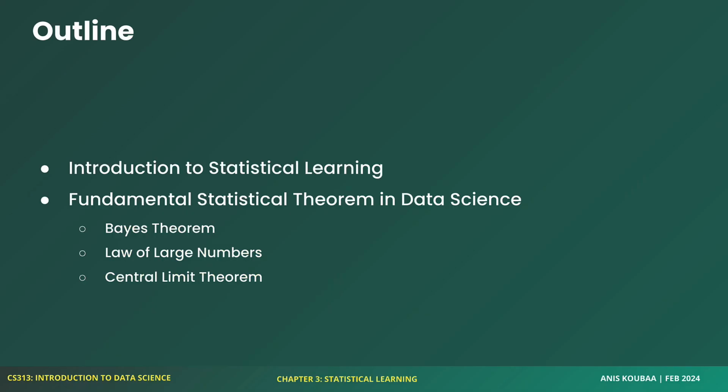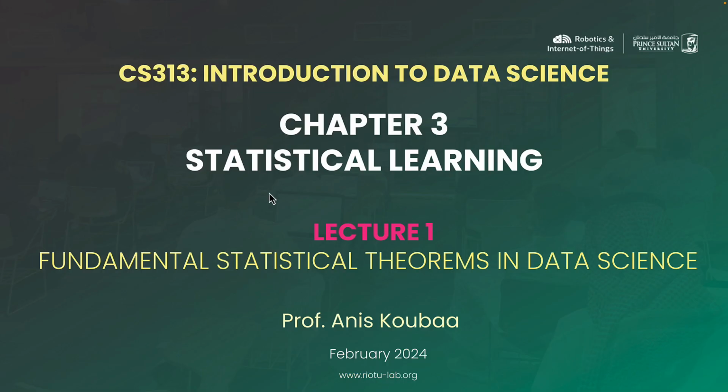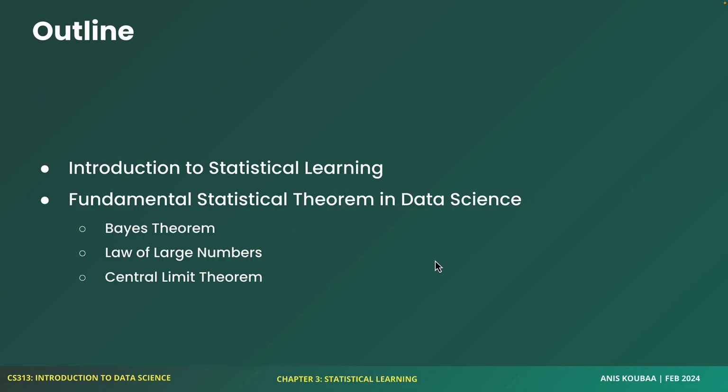Okay, so this is the first lecture in chapter 3, and it will be about fundamental statistical theorems in data science. I think maybe you have already seen these theorems, which are the Bayes theorem, I think everybody knows about it, the law of large numbers, and the central limit theorem.